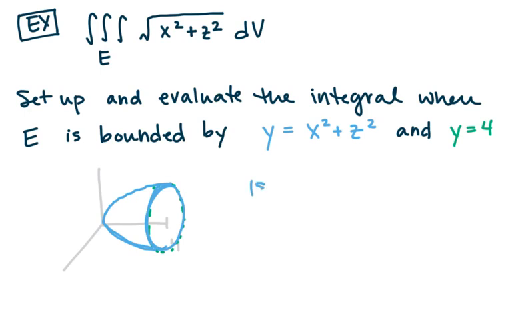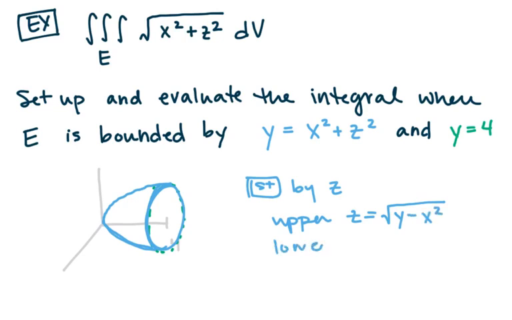So if we do z first, my upper would be z equals the positive square root of y minus x squared, and my lower would be z equals negative square root of y minus x squared. So that's upper and lower, z in terms of x and y.